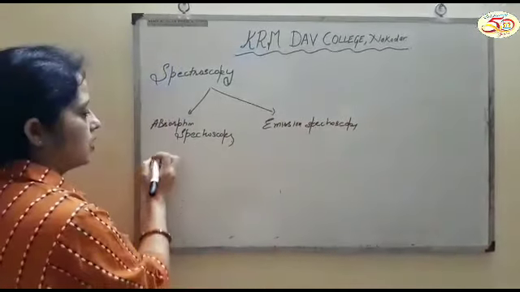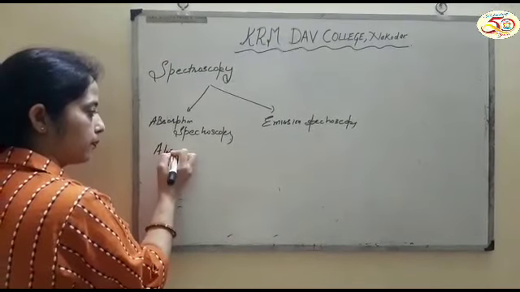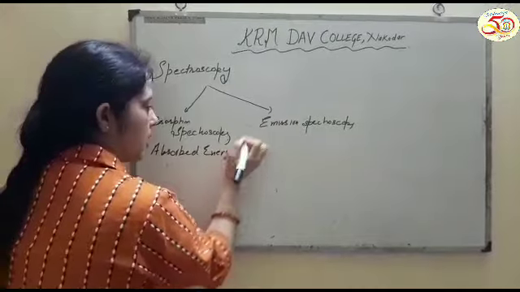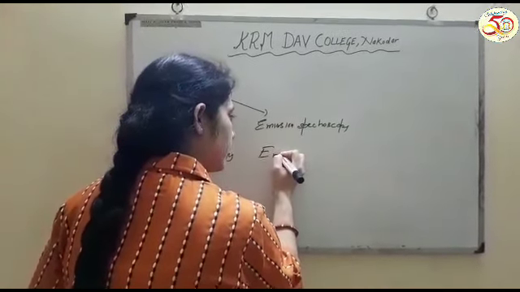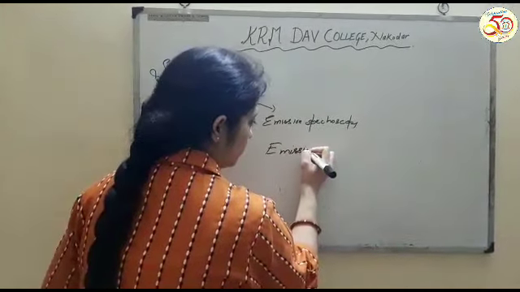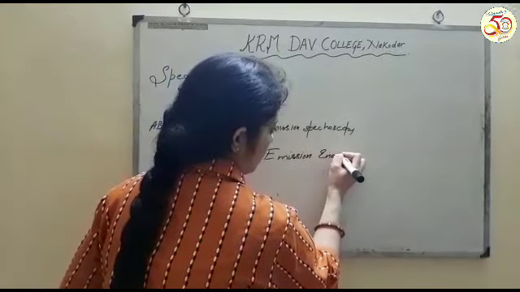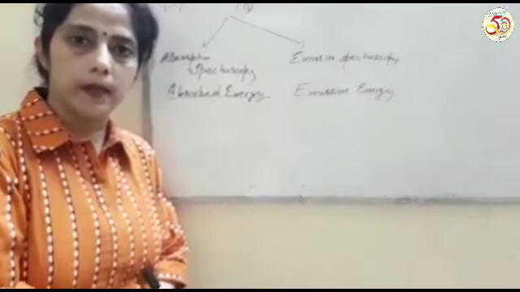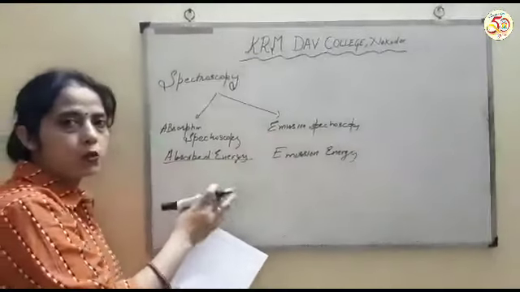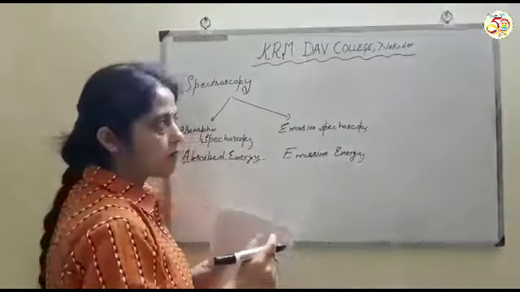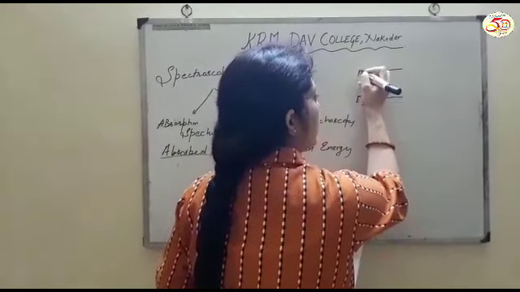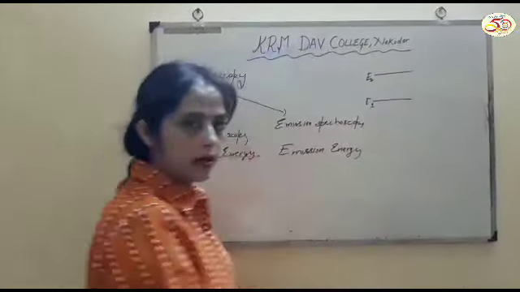Here we note the absorbed energy, here we note the emitted energy, as I have already explained with the diagram. But absorption spectroscopy is easy to operate. However, both spectroscopies give similar information about the difference between the lower energy level and the higher energy level.